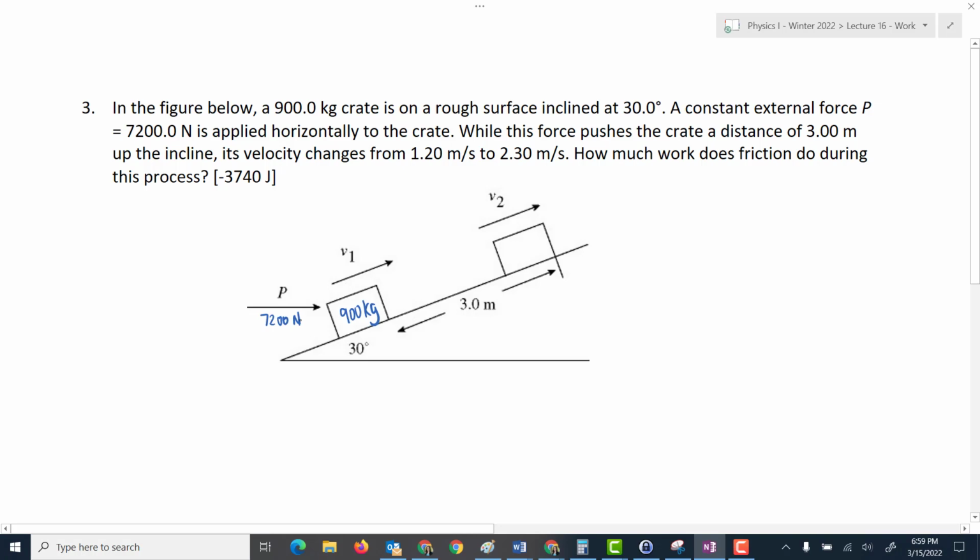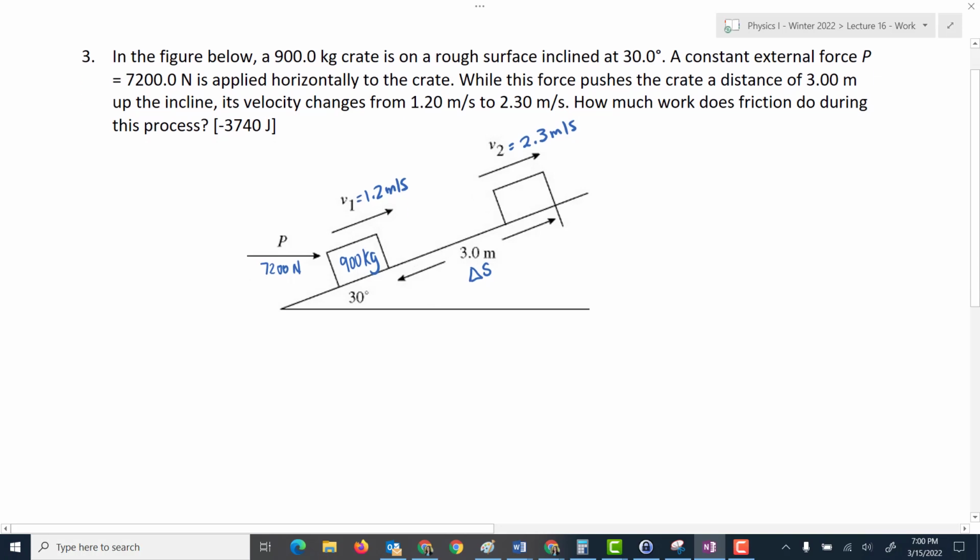While this force pushes the crate a distance of 3 meters up the incline, so this is our delta S, the distance or displacement that it travels, its velocity changes from 1.2 meters per second, so V1 is 1.2 meters per second, to 2.3 meters per second. How much work does friction do during this process?